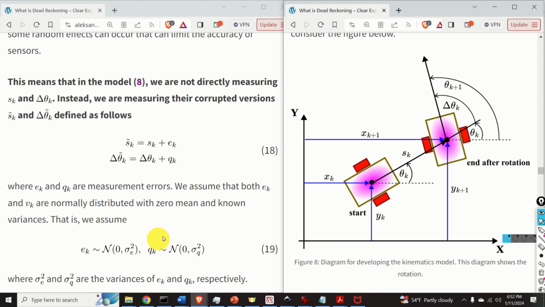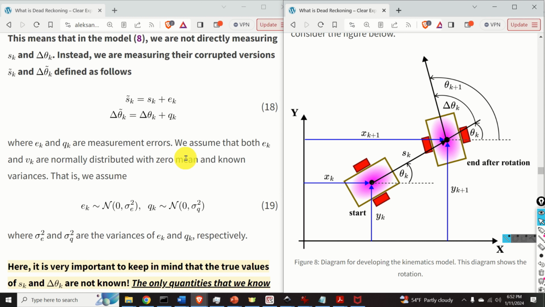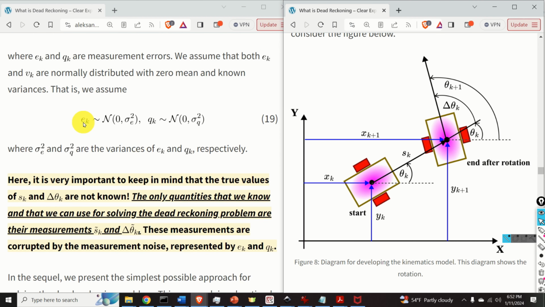We assume that both ek and qk, that is, these two noise terms, are normally distributed with zero mean and known variances. That is, we assume this, where sigma e squared and sigma q squared are the variances of ek and qk respectively.